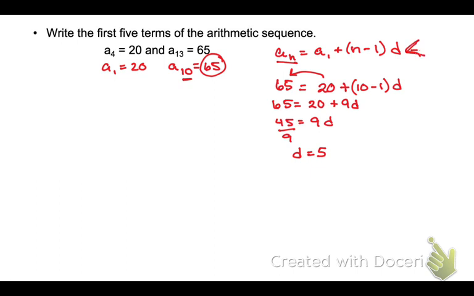Everything you're doing is what we did in this step. Do I have to do the whole formula? If I just wrote 45 divided by 9, it would work. You have to give me something showing how you found that d was 5. Yes, but that's what we did.